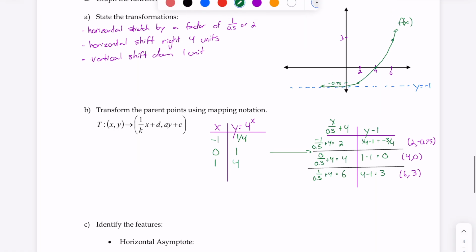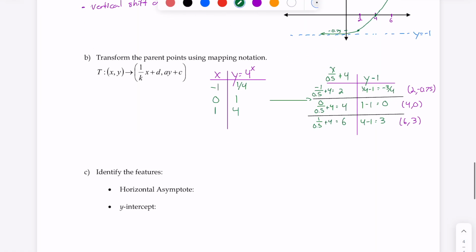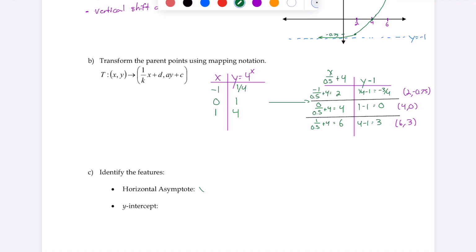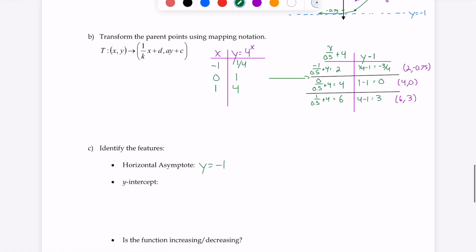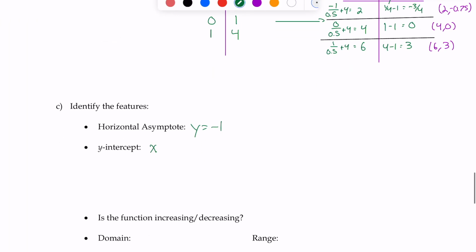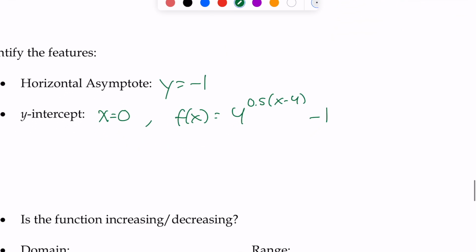So, key features. Our horizontal asymptote, that's the c value, is y equals -1. For the y-intercept, in this case, I didn't actually get one from our table of values, so I will need to algebraically calculate it. That occurs when x is 0. So if we look at our function, which is 4 to the power of 0.5x minus 4, minus 1, evaluate it at 0.